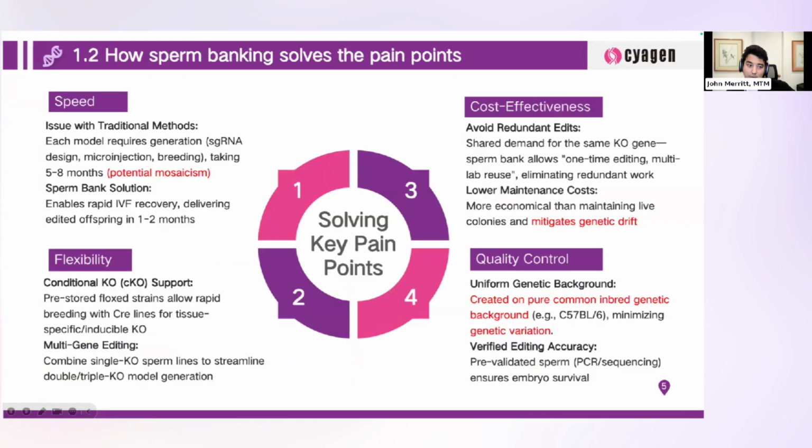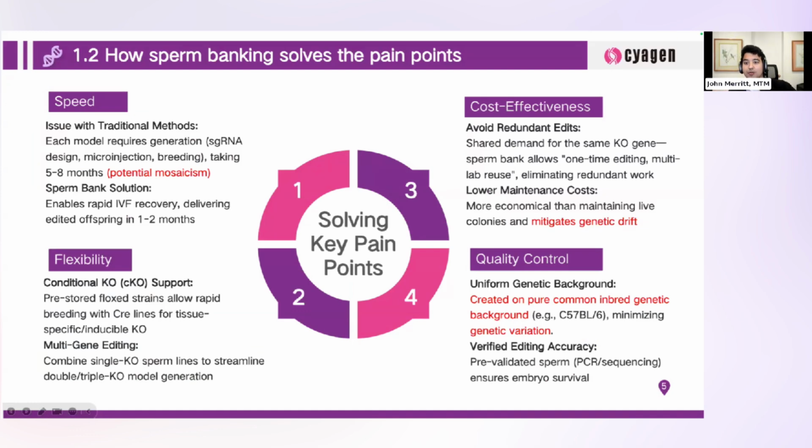Let's talk about how sperm banking is better, not just in terms of speed and cost, but also because it allows you to generate multiple lines simultaneously. So you can come to us, let's say you want to make a multi-gene knockout of 3 genes.